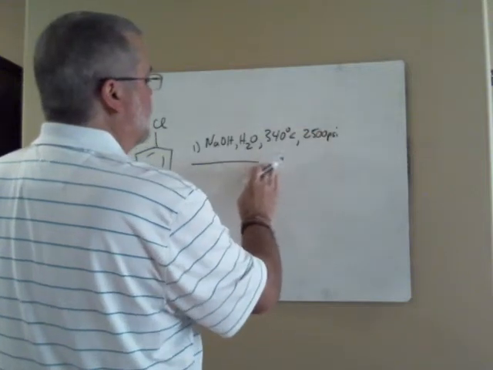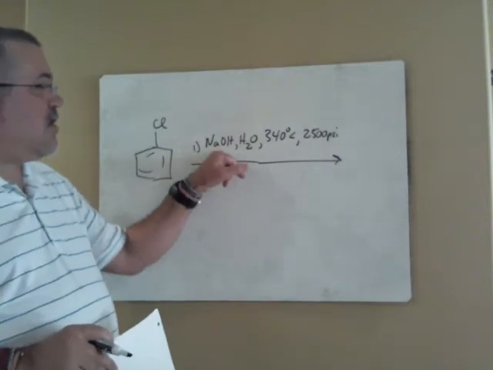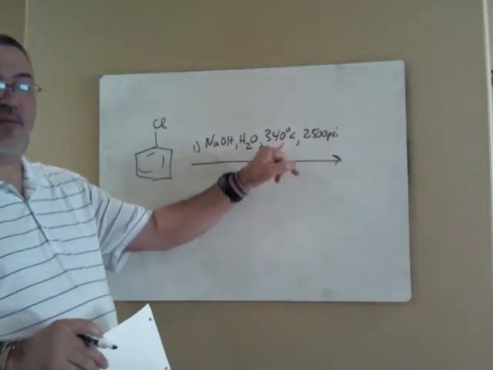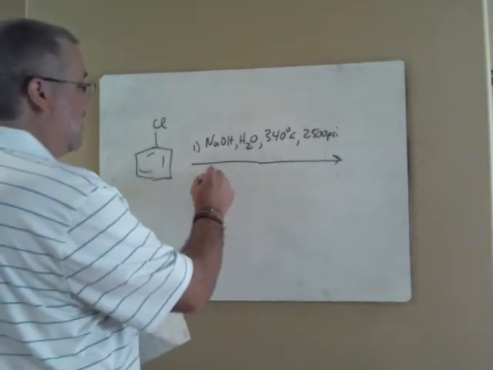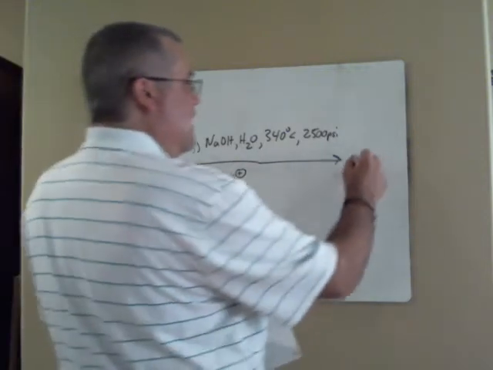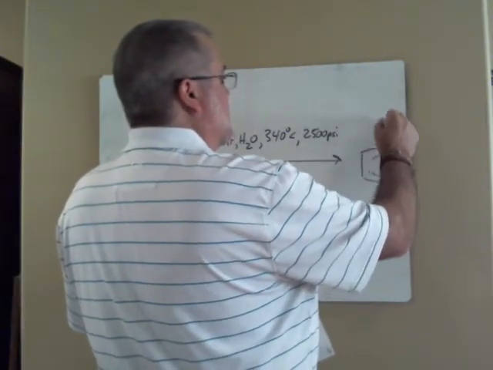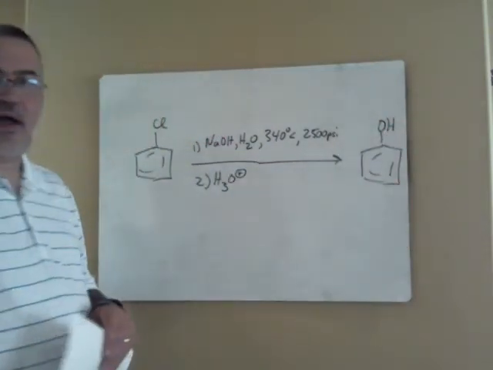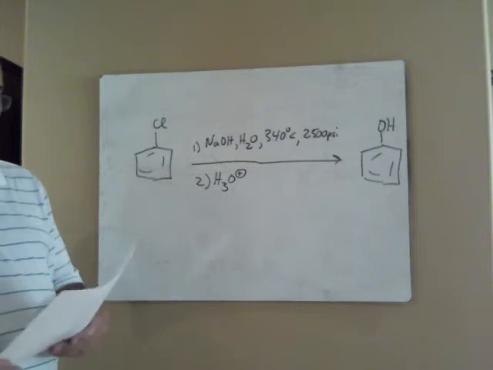So those are pretty harsh conditions. I've got a strong nucleophile, high temperature, high pressure, and then I work that up with aqueous acid, and I can in fact see some product form where you have the nucleophile that is substituted for the halide.